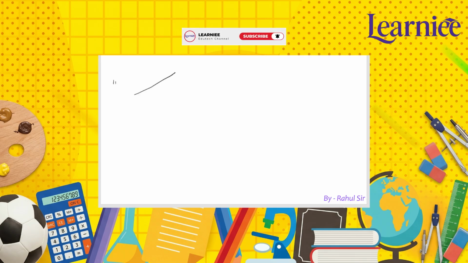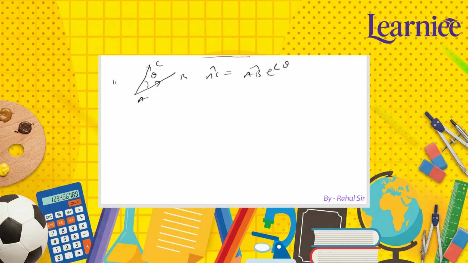So the way we treat it is the same as the vector also. So if you want to solve a vector problem, we can also use this concept. Let's say A, B, C, and this is theta. So I can say that the AC unit vector is the AB unit vector times e to the power i theta. This is a very important relation. You need not memorize it, you just need to understand why I am getting this.